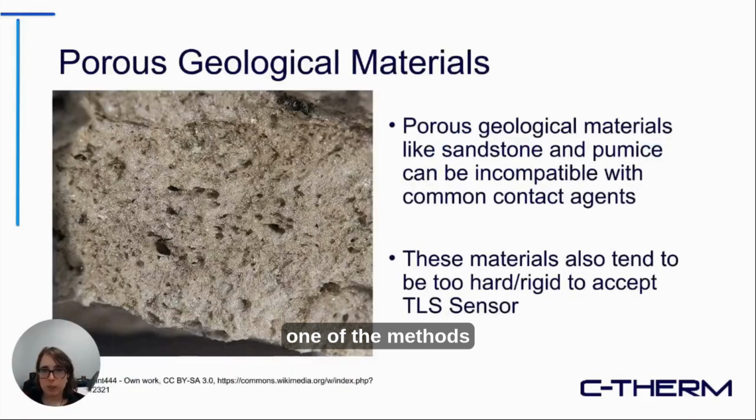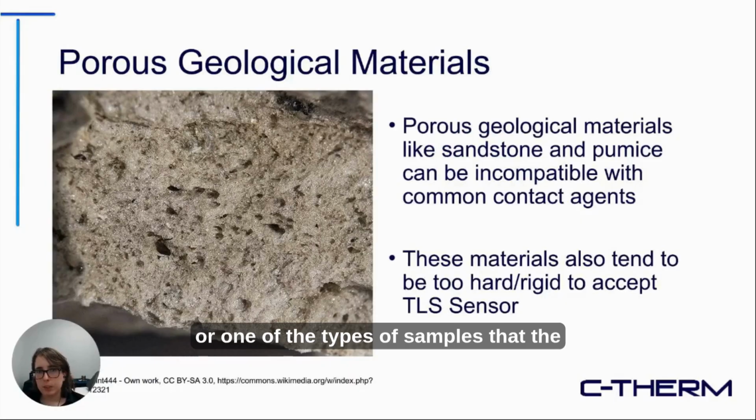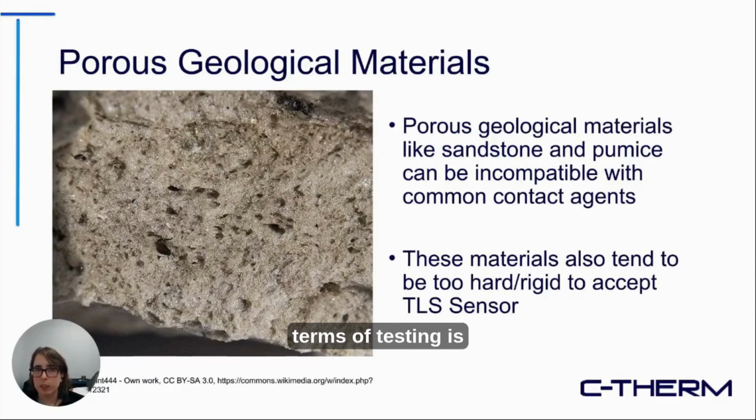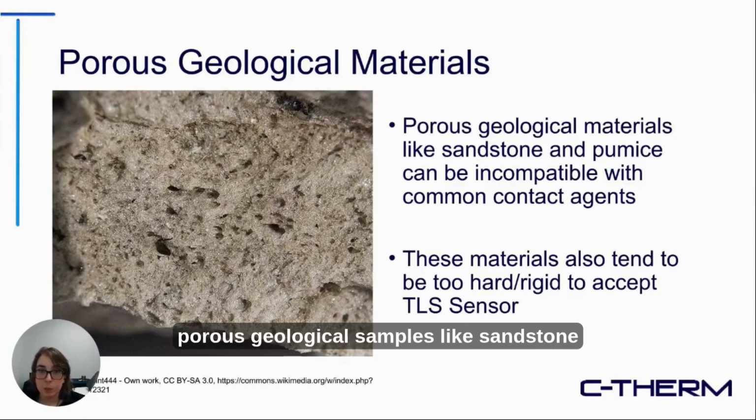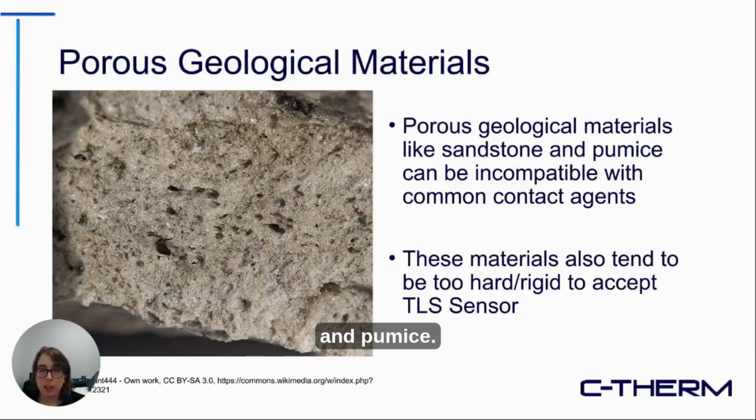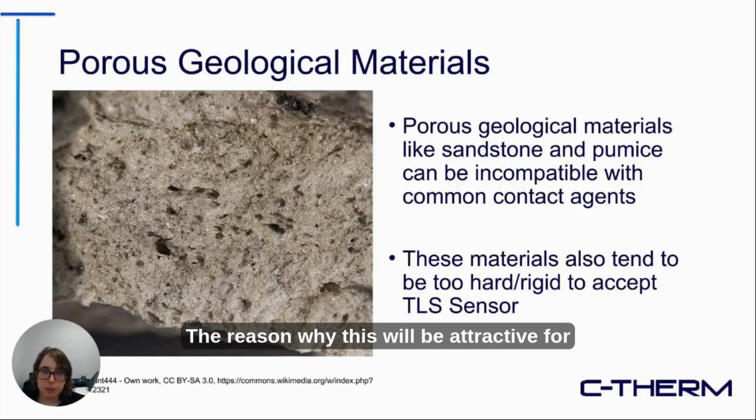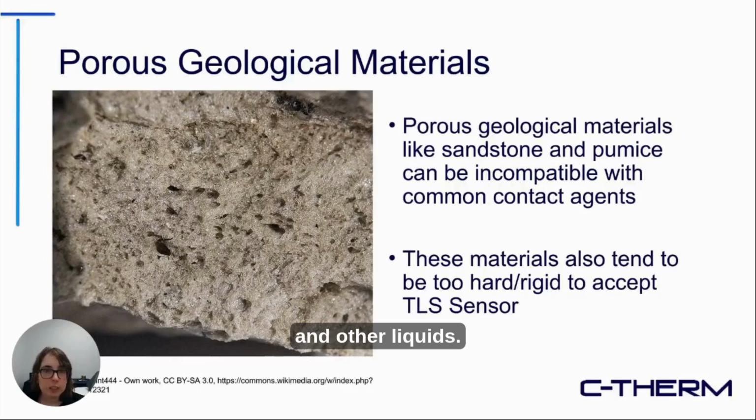So, one of the types of samples that the TPS method can be very attractive in terms of testing is porous geological samples like sandstone and pumice. The reason why this would be attractive for a TPS method in particular is that these materials are often very hygroscopic, which is to say that they tend to absorb water and other liquids.